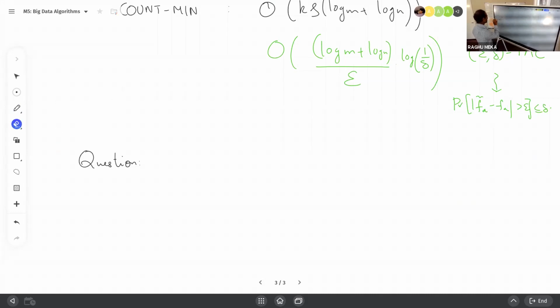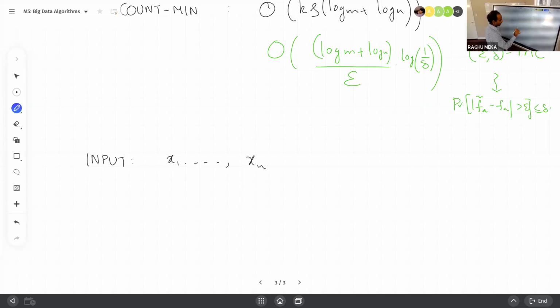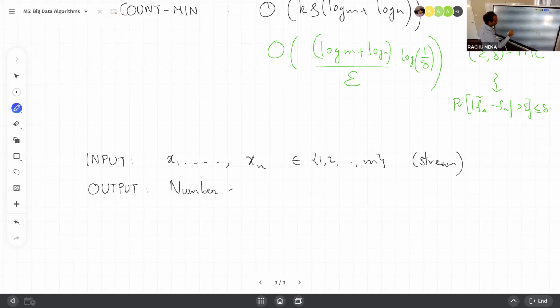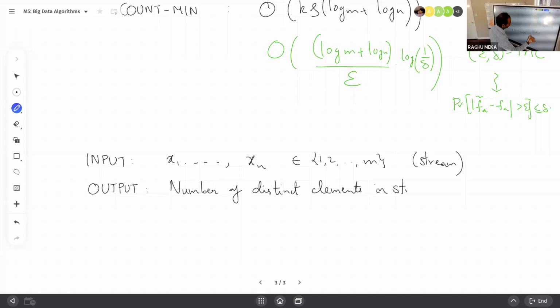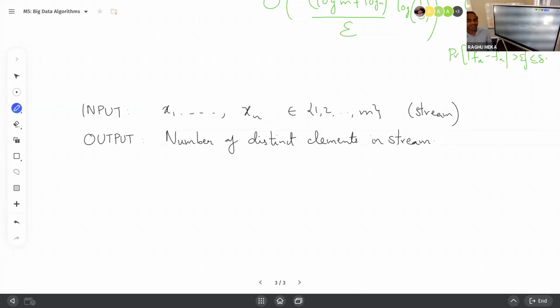So, let us start with this. I keep seeing this stream and I need an estimate of the number of distinct elements in the stream.